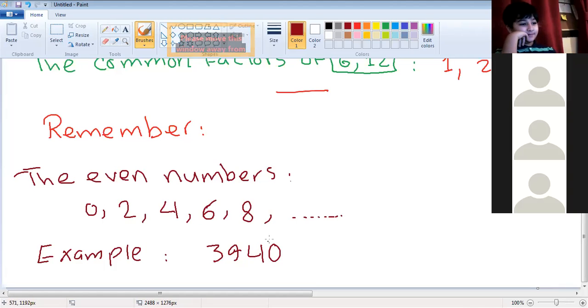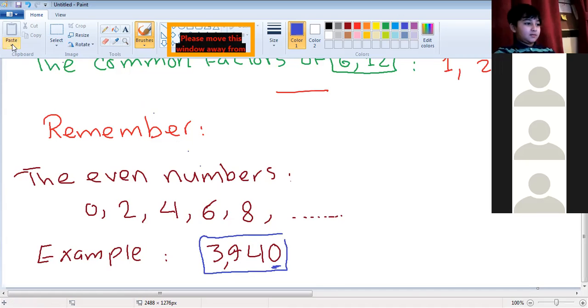Is this an even number? Yes. Why? Because we have to look at the ones place, and in the ones place 0 is even. Yeah, 0 is even. So all the number is even. Okay, thank you very much.